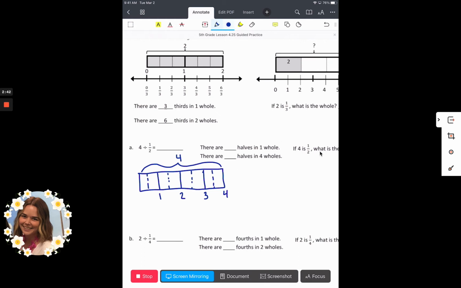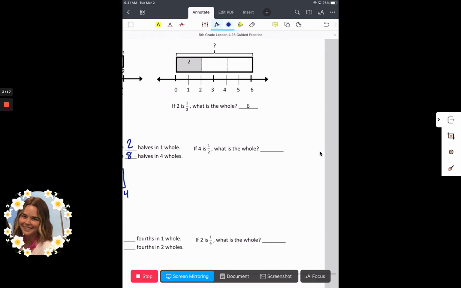So we have 1/2, 2/2, 3/2, 4/2, and so on. So in one whole, so just in one piece, we have 2/2. Well, in 4 wholes, we have 1, 2, 3, 4, 5, 6, 7, 8. So 4 divided by 1/2 gives us 8.